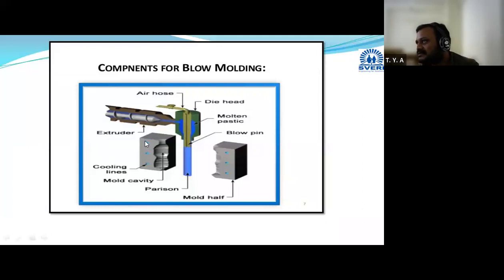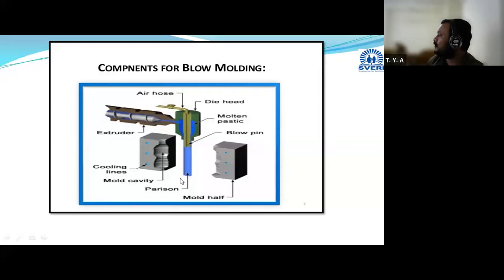Here some cooling lines will be there. Whichever material is there will get cooled, as we circulate coolants in the mold itself. Then this is the air hose through which we provide the air. I will explain this part later. Depending on the type, in some cases we use the injection molding setup, and in others the extrusion molding setup, initially to prepare this parison.